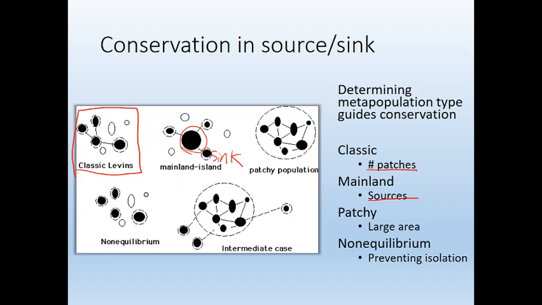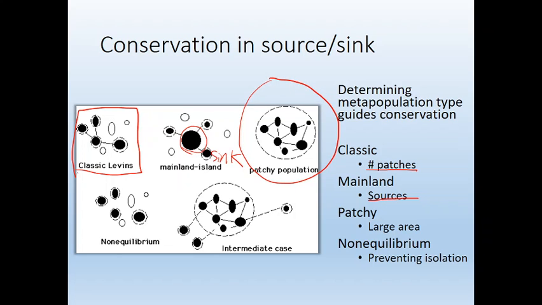Sink habitats are functionally not doing anything, right? If they're just losing individuals all the time, they're not necessarily helping the species expand anywhere. But identifying those source habitats, those high-quality habitat patches, is really important. With a patchy metapopulation, what you would expect is that it's not about these individual patches, but about increasing the area of the reserve.